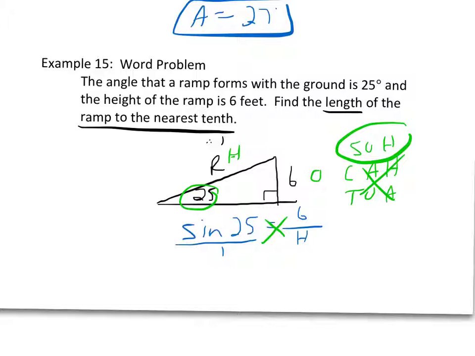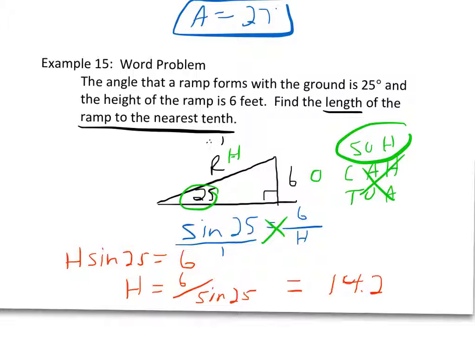So I would get h times sine of 25 equals 6 times 1, which is 6. I would divide both sides by sine, and I would have 6 divided by sine of 25. And that should give us approximately 14.2, they said round to the nearest tenth, and that would be in feet. And this ends the last part of lesson 10.7.